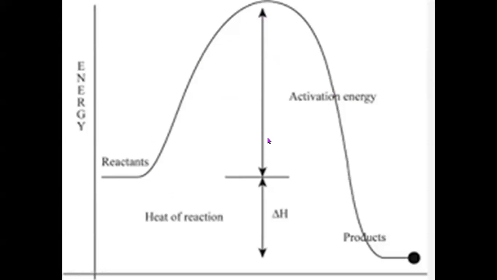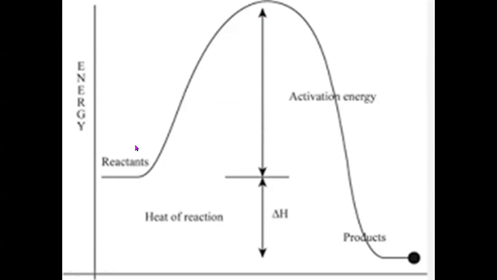This much energy is called EA. So those molecules only which possess activation energy can cross this barrier and convert themselves into product molecules. Otherwise, they will return back and form reactants again.